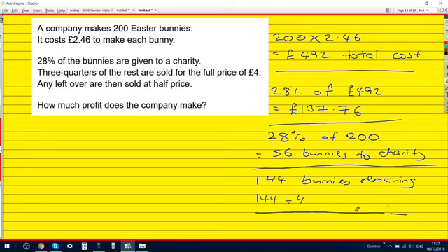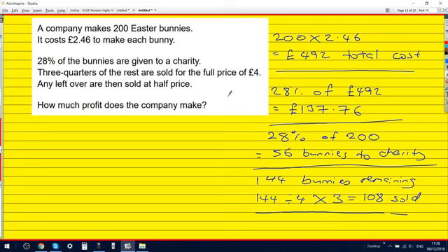So how would you get 3/4? Would you do and then times it by 3? Yeah. So 36 times 3. 108. So 108 are sold for the full price of £4.